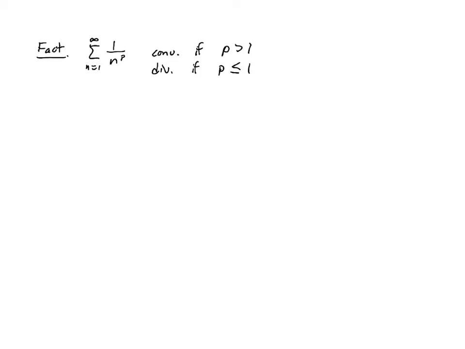And you can verify this by using the integral test, just like we did with the harmonic series in the previous example. And this is done in example number 2.